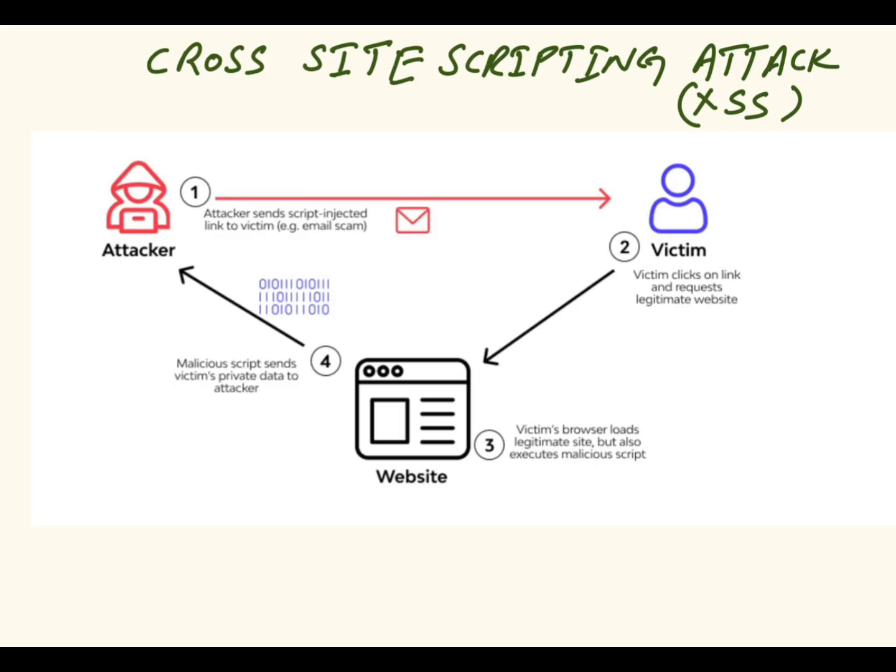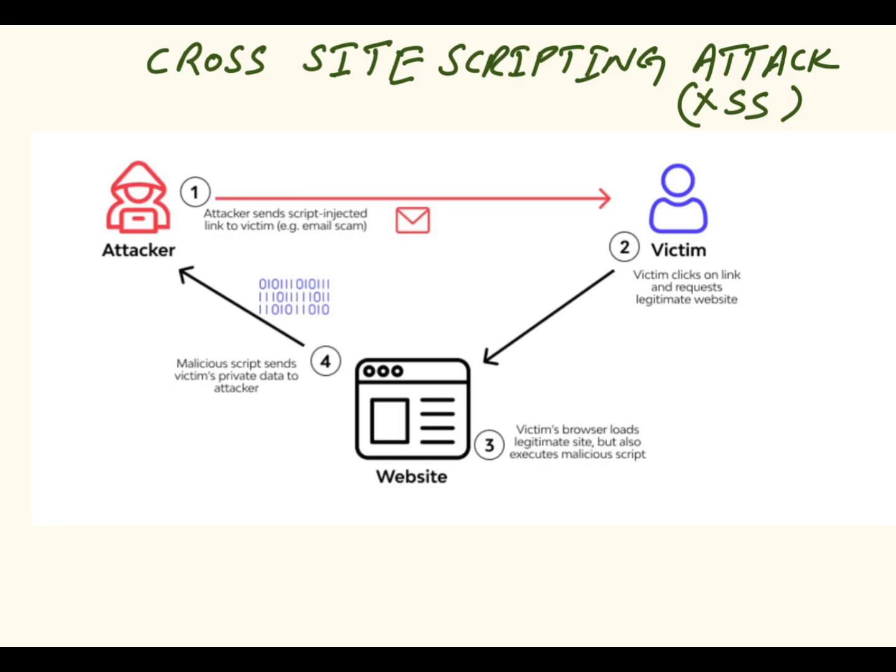In cross-site scripting attack, there could be multiple scenarios, but we will mainly discuss one scenario here. One scenario could be that the attacker keeps data or a malicious script on the bank web server.